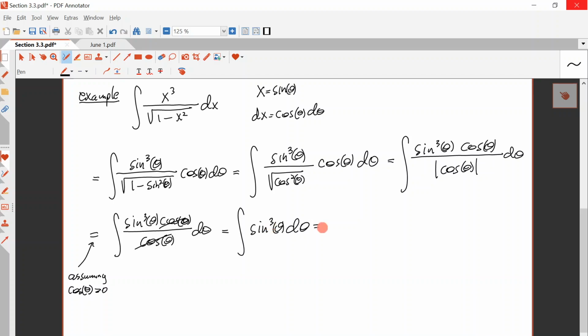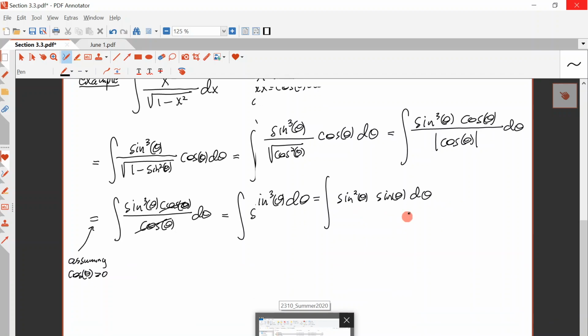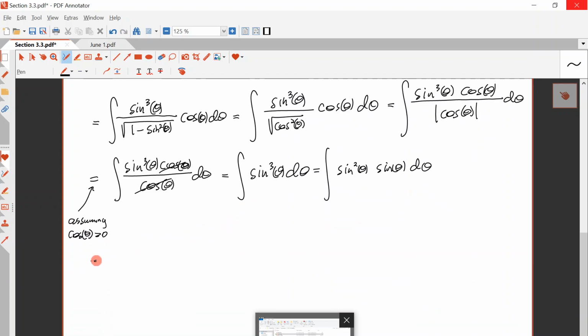Right, and the exponent on the sine was odd, right? So the technique we used was to pull off one factor of sine, change the sine squared into a cosine squared, like so. Oops, not d theta in parentheses, just d theta.